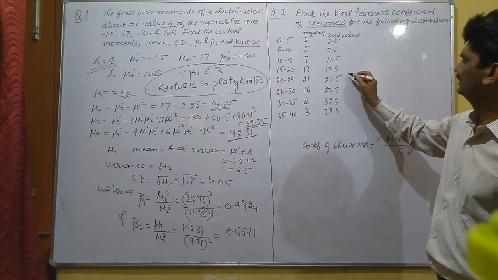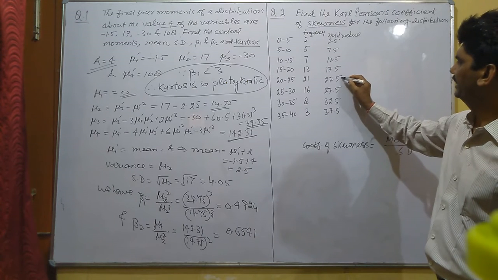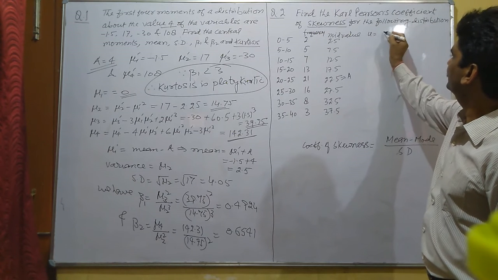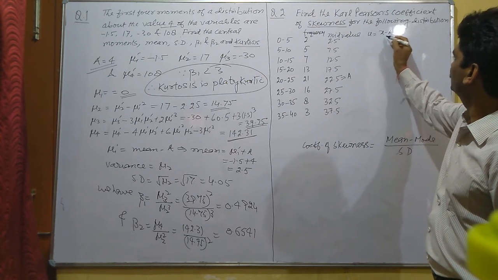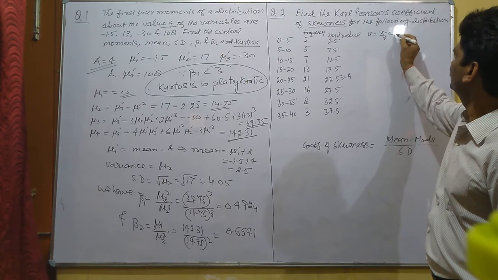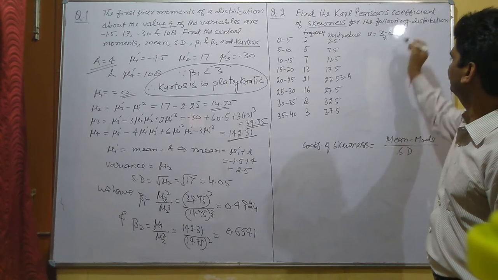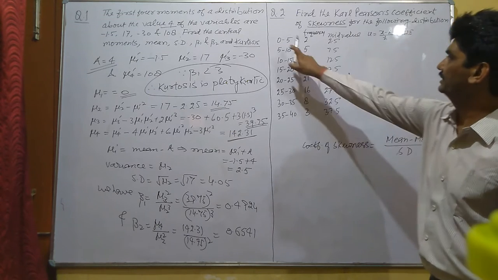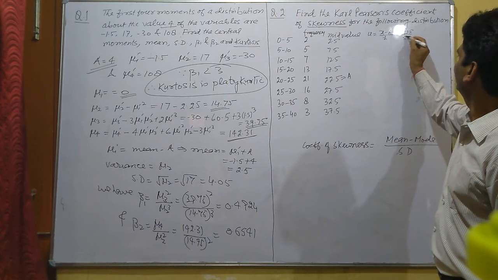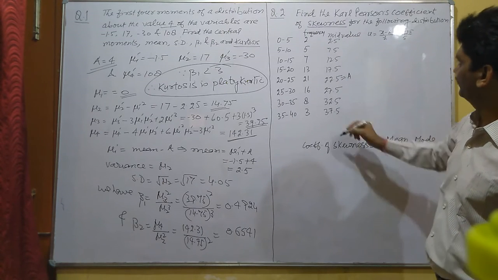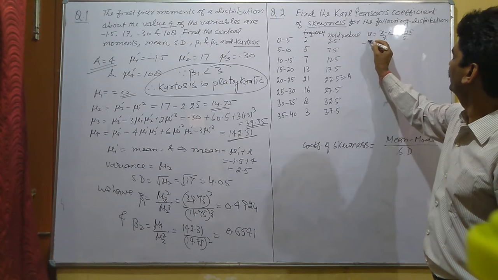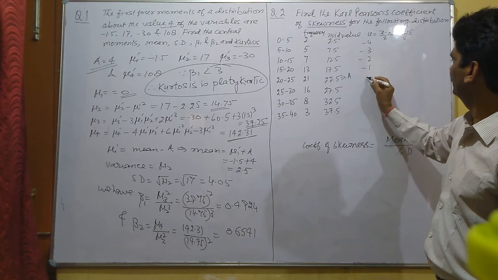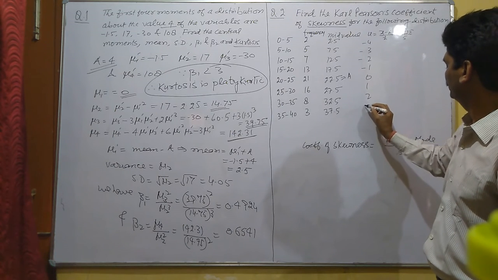Suppose this is the assumed mean A. So step deviation u equals x minus A upon h. In our problem, x minus A for 22.5 upon h, for the class interval this is 5. So for each value this is minus 4, minus 3, minus 2, minus 1, 0, 1, 2, 3.